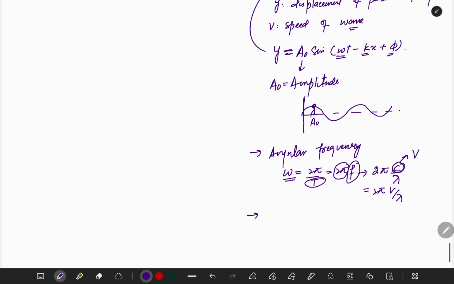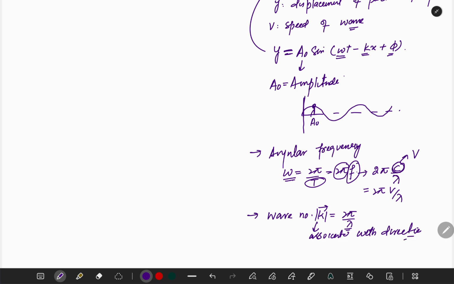The second thing we must know is the wave number k, which is given by 2 pi by lambda, where lambda is the wavelength. We can also write it as a vector, because this is very important. This is associated with the direction of propagation, in which direction the wave is propagating.